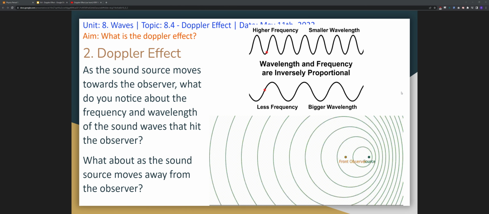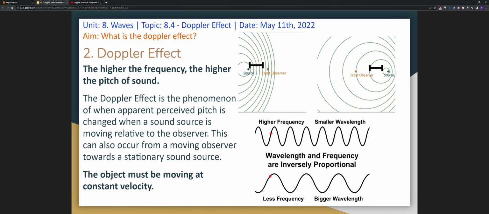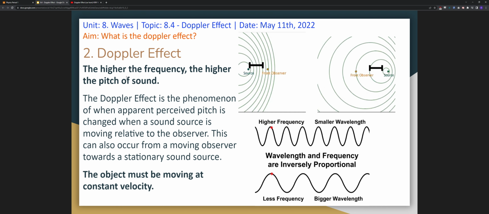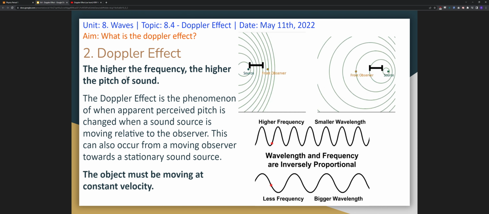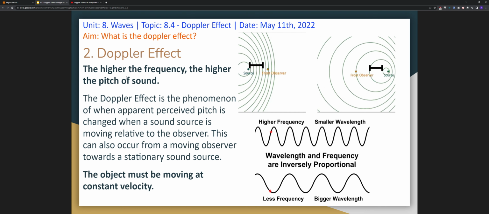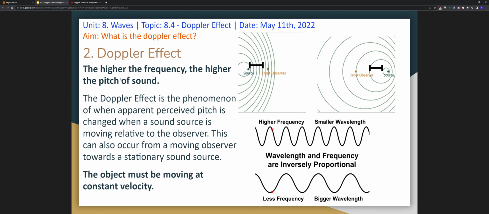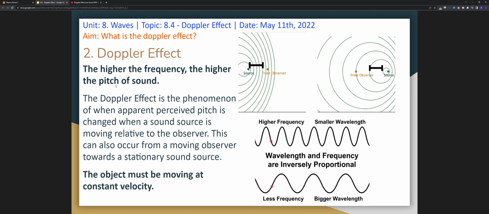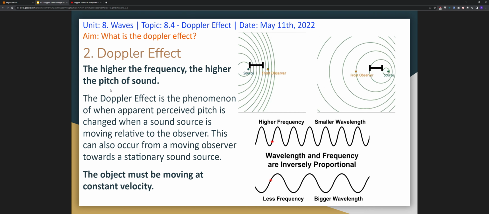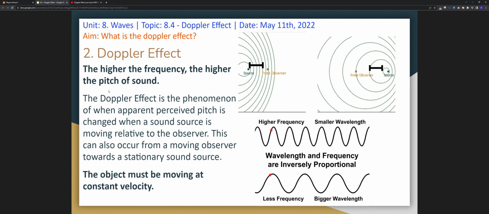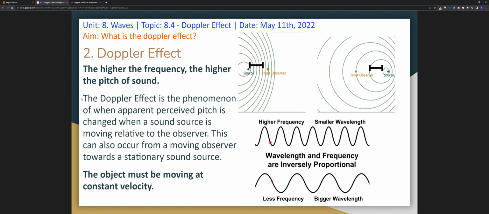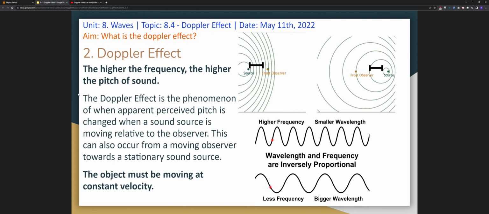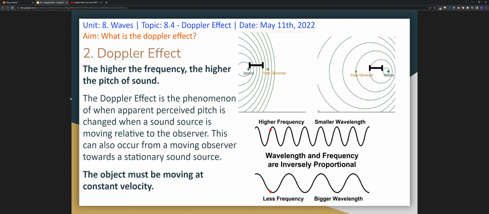That's really important because the frequency of your sound determines the pitch of your sound. A higher frequency means a higher pitch, which makes sense because as a car, a car horn, or a police siren comes towards you, you hear a higher frequency of waves, and therefore a higher pitch.